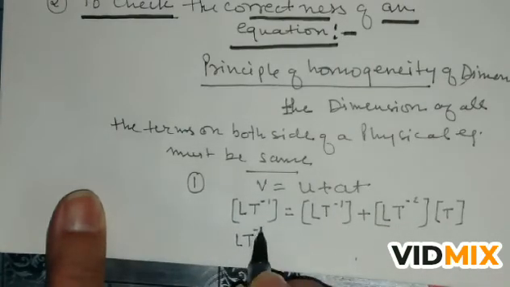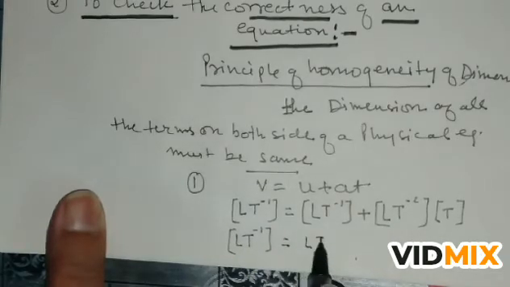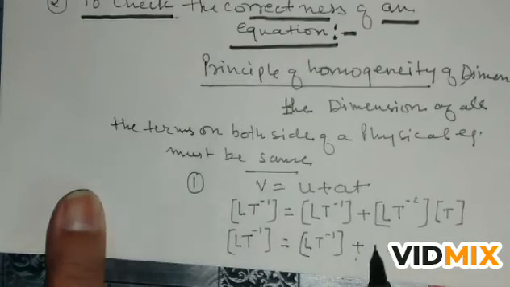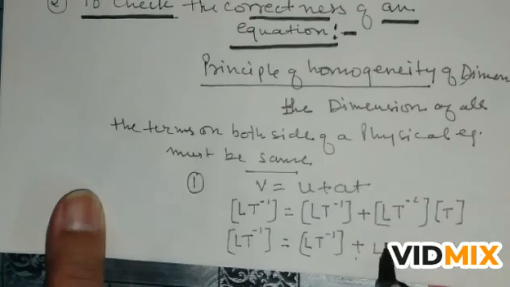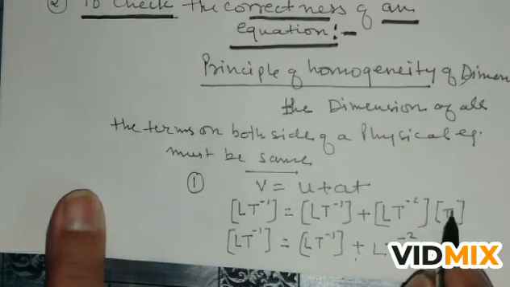L t to the power minus 1 is equal to L t to the power minus 1 plus L t, which appears here 2 times, so L t to the power minus 2, and the power on t is 1, so we will put plus 1.